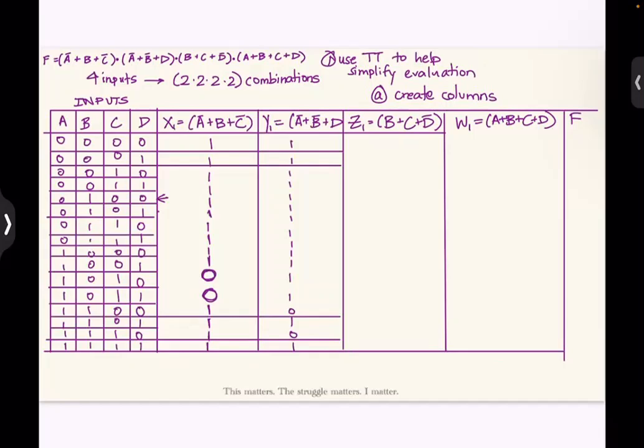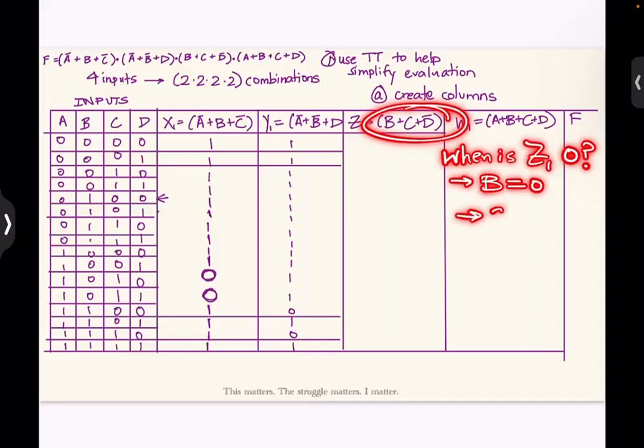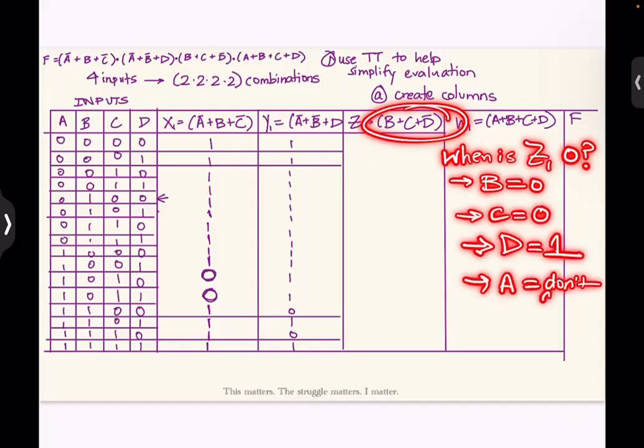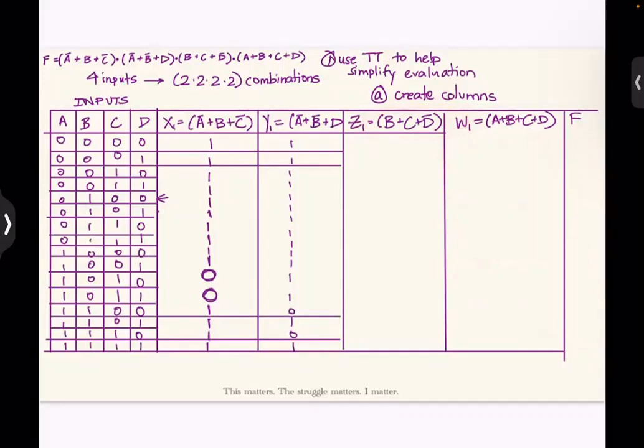So now we're trying to find out when is Z1 0. That would be when B is 0 and C is 0 and D is 1. We don't care about A, and don't care is written as X usually. So we find those values in the table, in the input column, and those are the ones that are written as 0. Everything else is written as a 1.